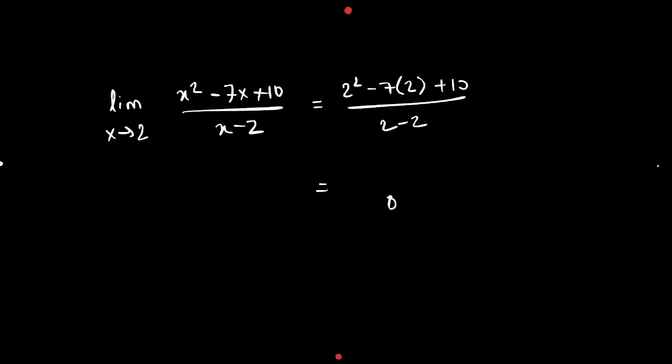The denominator is obviously 0, and 4 minus 14 plus 10 is also 0. So we get this indeterminate form, and we don't really know what to do moving from there.